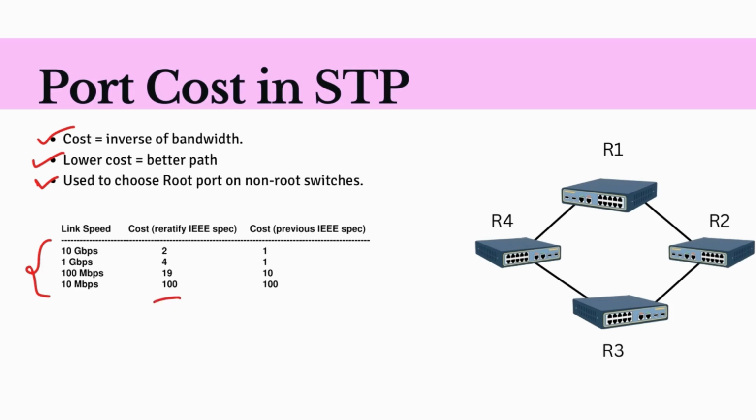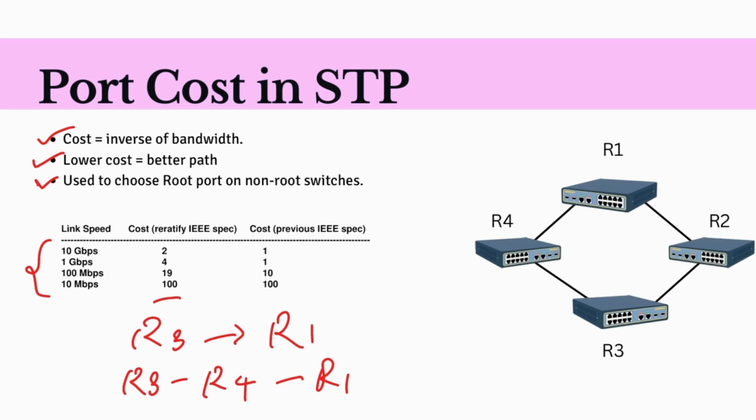Now we will take a scenario. Here we need to connect R3 to R1. So which route will it take: R3 to R4 to R1, or R3 to R2 to R1?